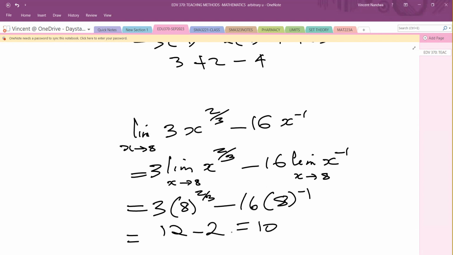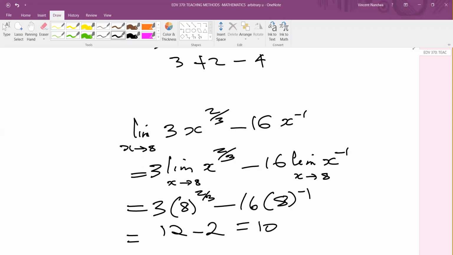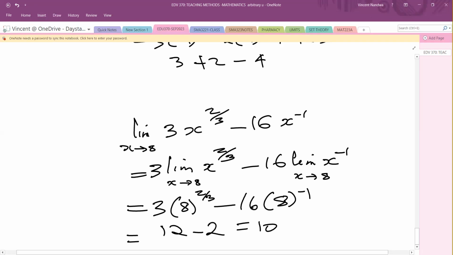So you put the fraction as a decimal to get the correct answer; if you don't use decimal you get it wrong. Or if you want to use it the way it is, you use the division sign, numerator divided by the denominator, in brackets, with the raised power outside the bracket, okay?